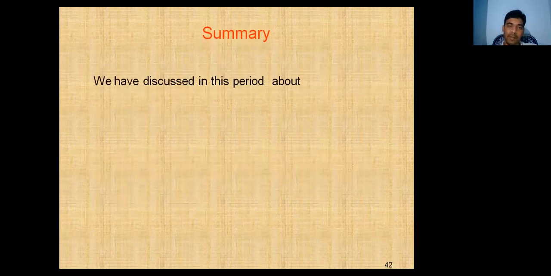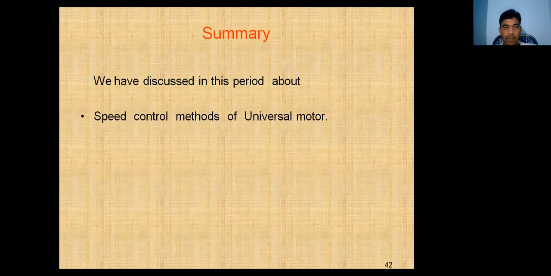So we have discussed in this period the speed control methods of universal motors. Three types of speed control methods we had discussed.